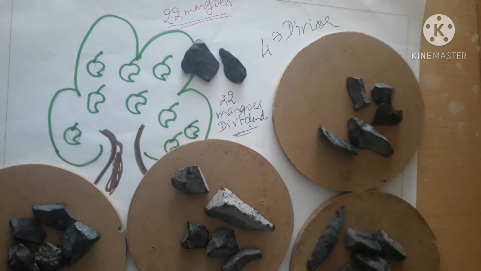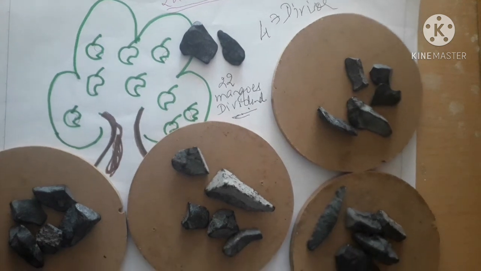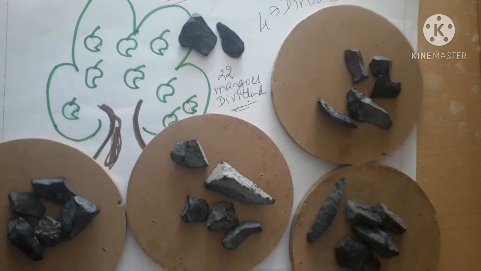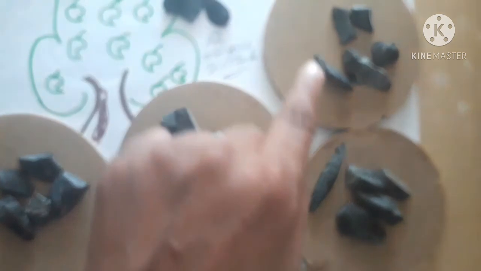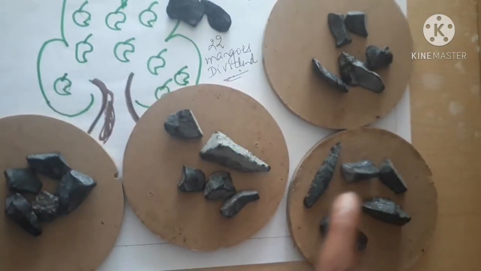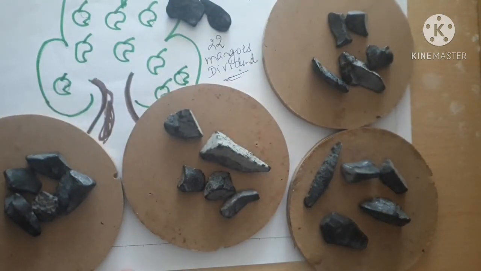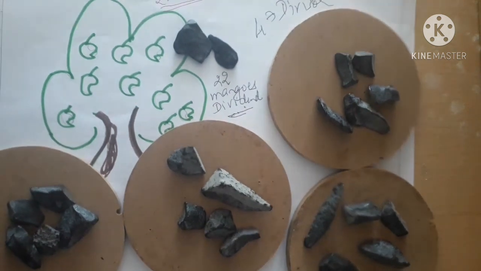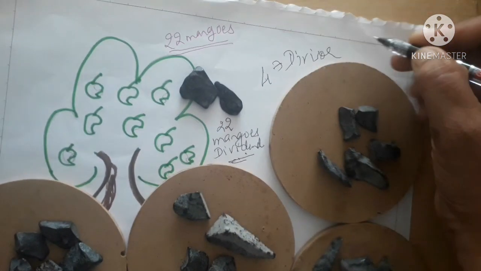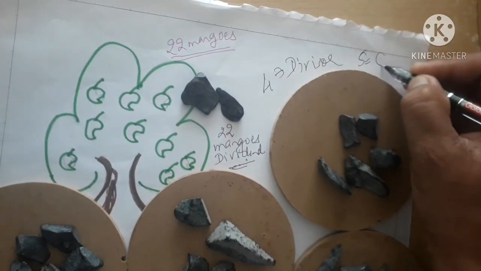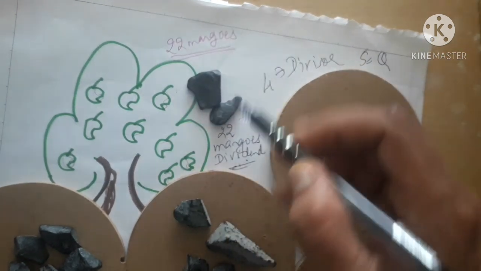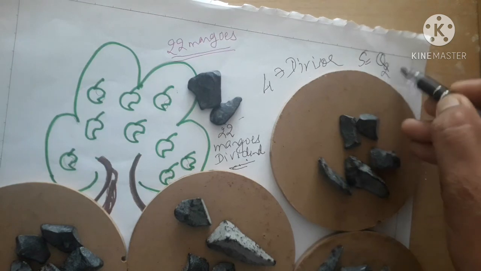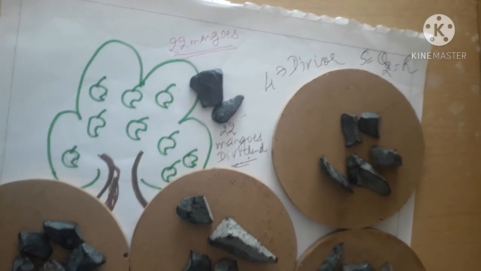Now, how many mangoes did each child get? Here you can see that each child got 5 mangoes, right? So 5 becomes your quotient, and 2 mangoes were left out, so 2 is your remainder, right?